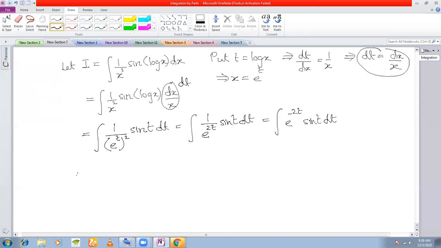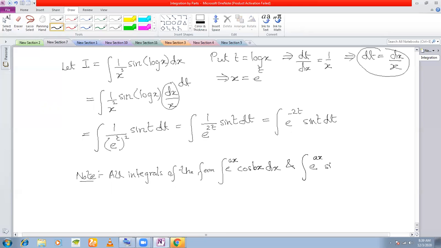So all, remember, note, all integrals of the form integral e to the power of ax cos bx dx, and integral e to the power of ax sin bx dx are recurring integrals.